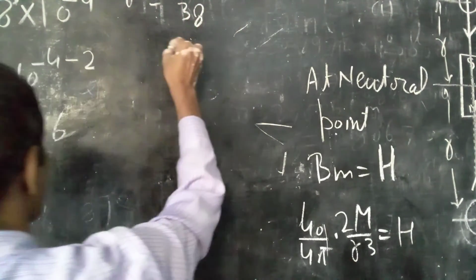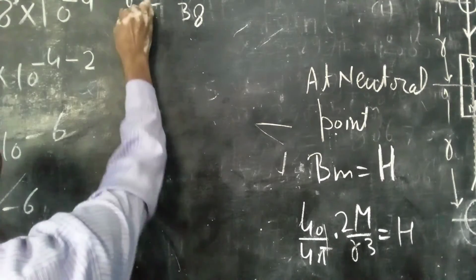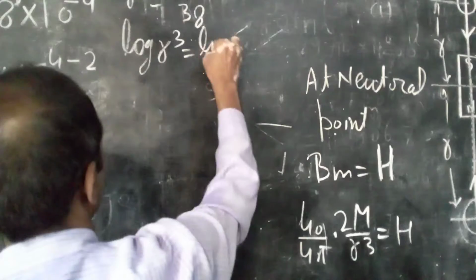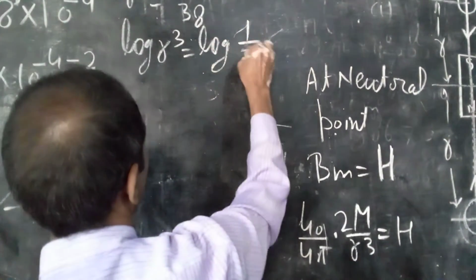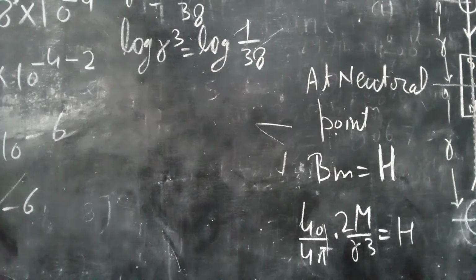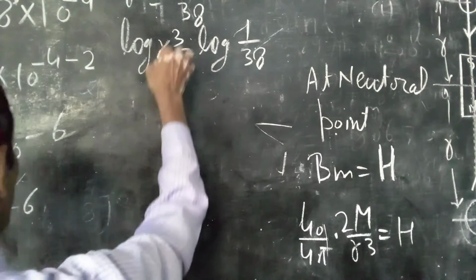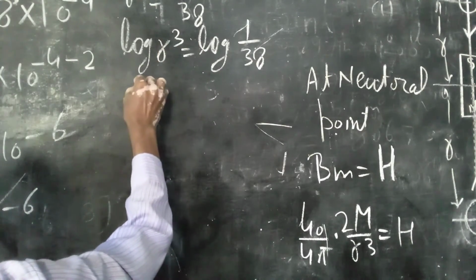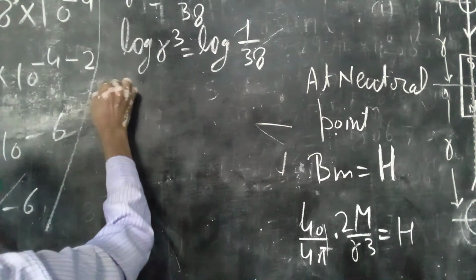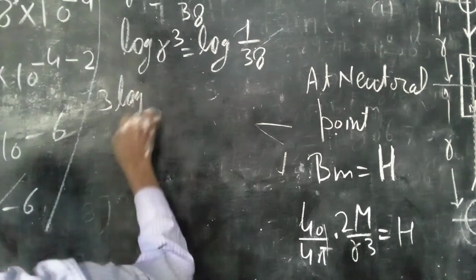Now taking log on both sides, log r raised to power 3 is equal to log of 1 upon 38. Log m raised to power n is equal to n times log m, applying the power law. So 3 log r.